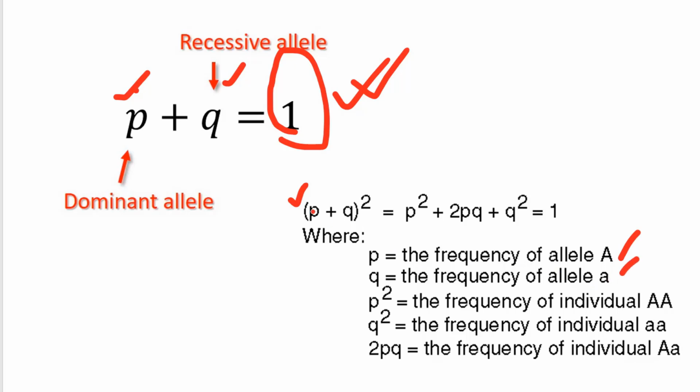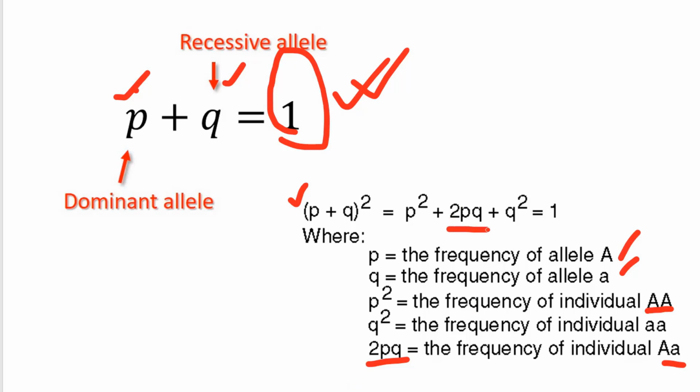So p square will be the frequency of individuals with genotype capital A capital A, q square will be the frequency of individuals with small a small a, and 2pq would be the frequency of individuals with capital A small a.